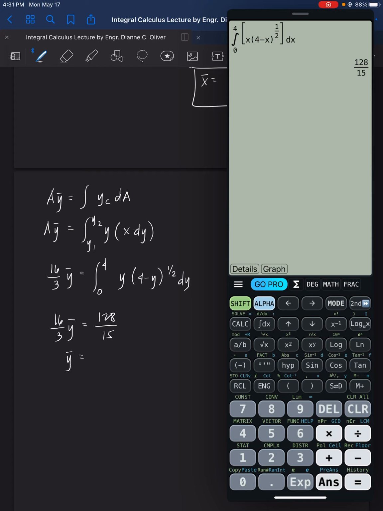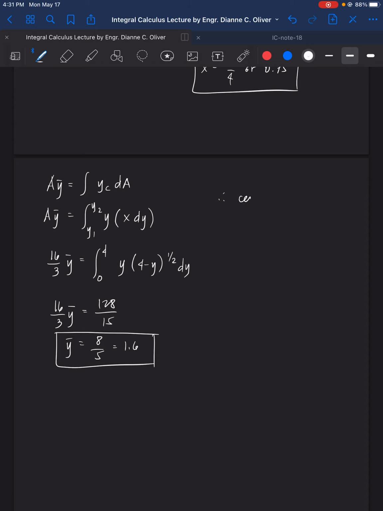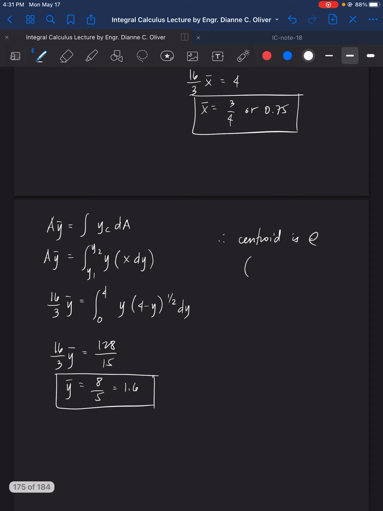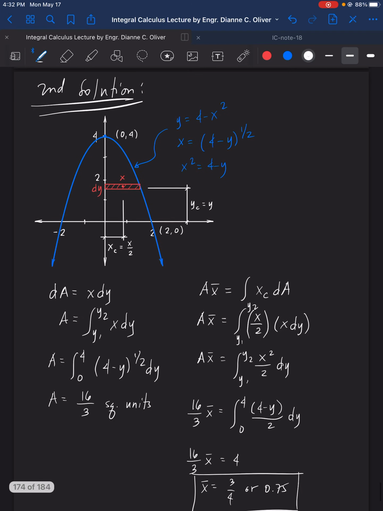So y bar now is equal to the answer divided by 16/3. So we have 8/5, or that is 1.6. So again, the centroid is at 3/4 and 8/5, that is 0.75 and 1.6. So that's for the second solution.